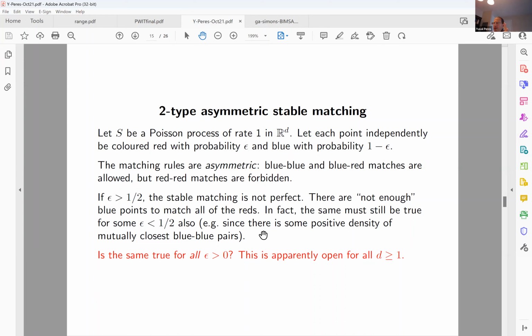Again, if epsilon is small, because blues are matching with reds and blues are matching with blues, but reds cannot match with reds, there is some asymmetry.